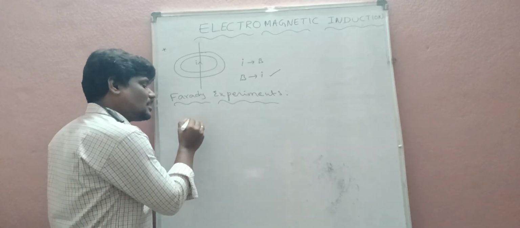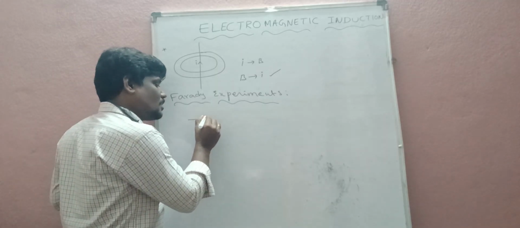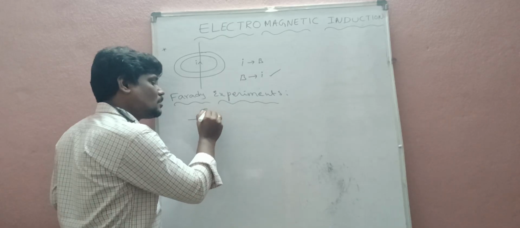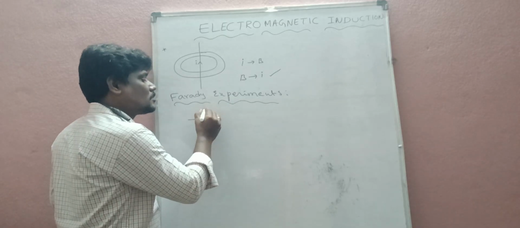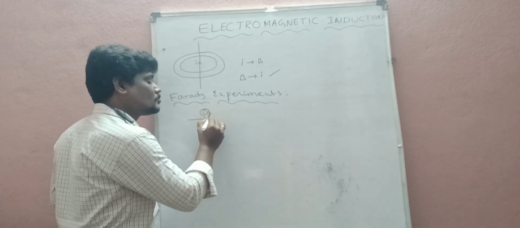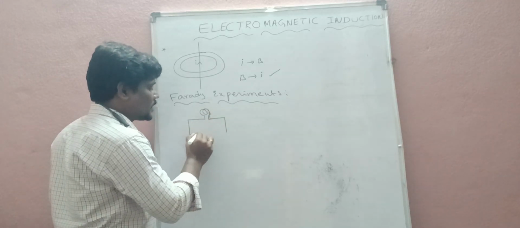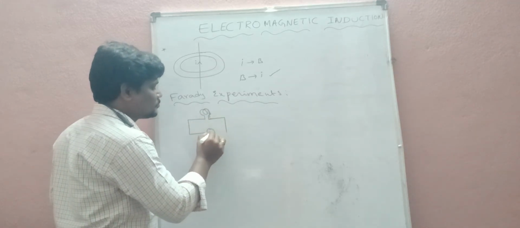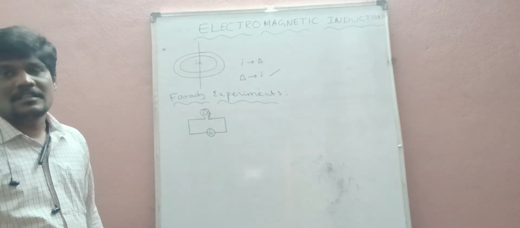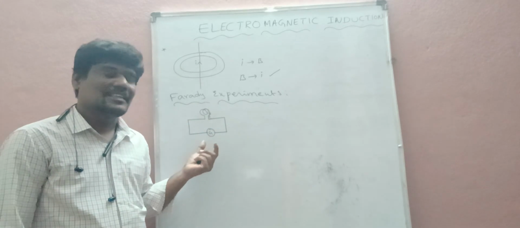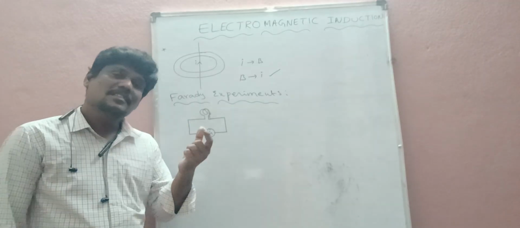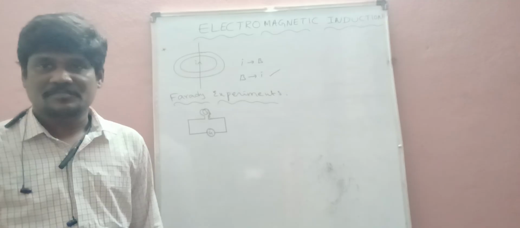For example, here you can take one circular coil. It is connected to one galvanometer. The galvanometer shows the amount of current flowing in the coil, and you can measure small amounts of current.